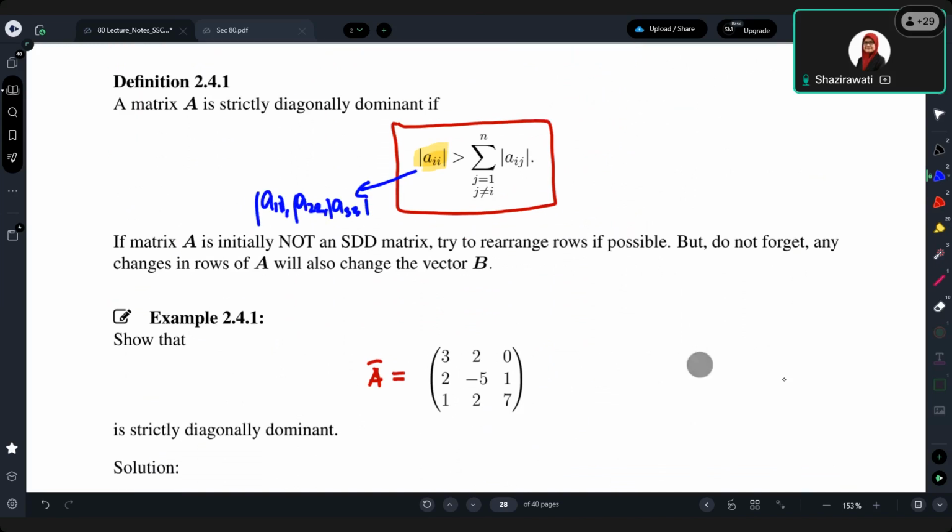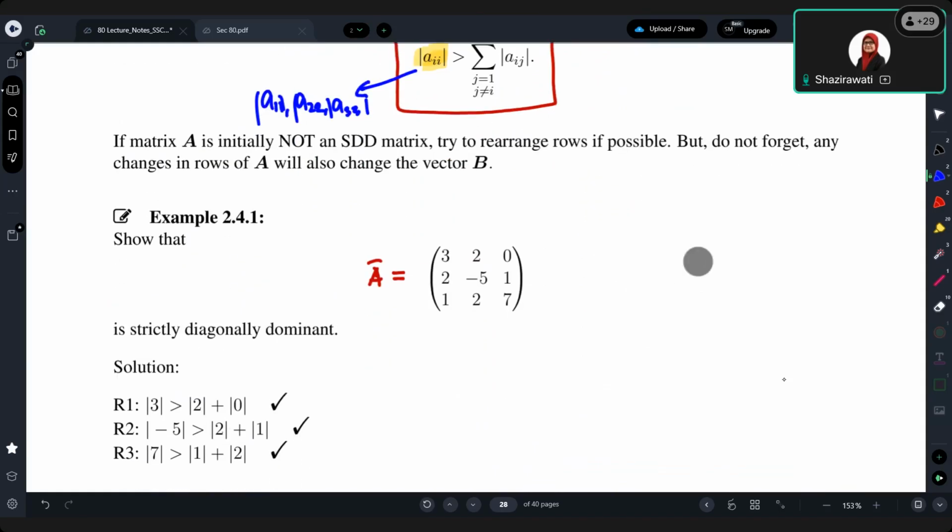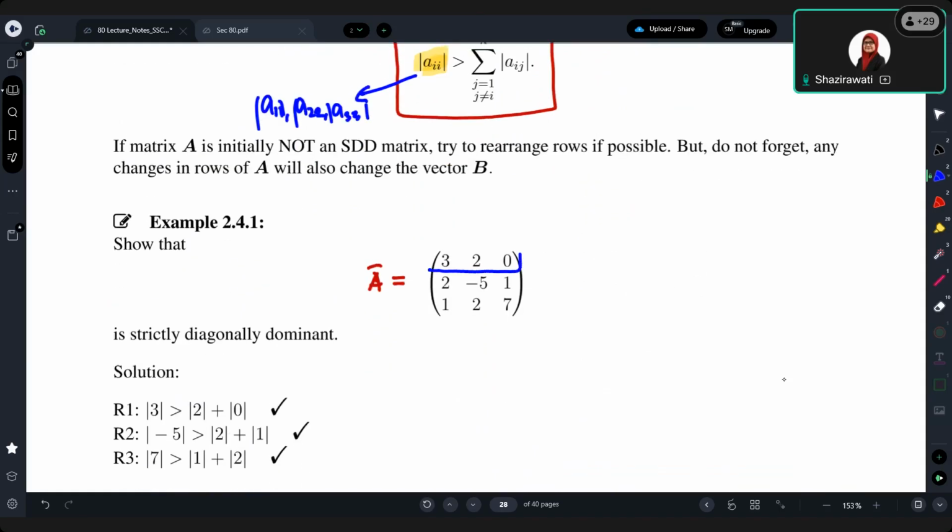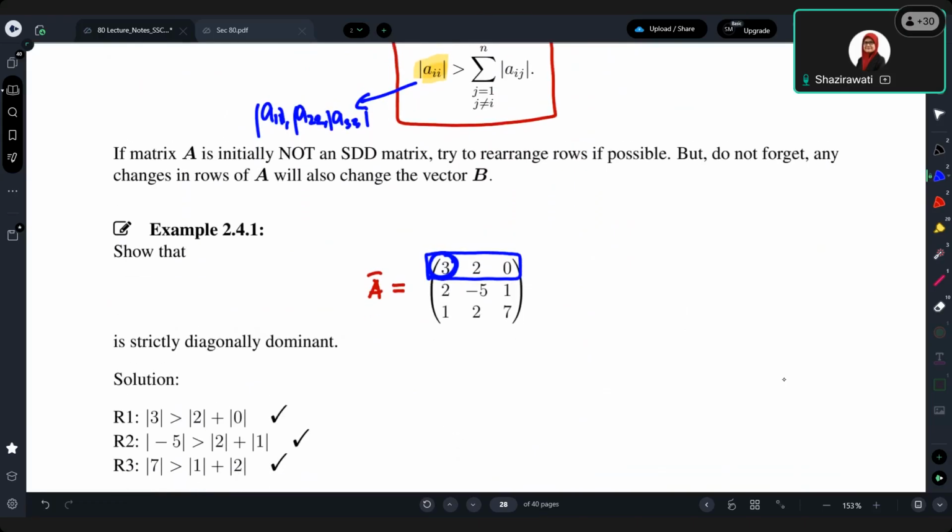So it means for row number 1, you have 3, 2, 0. At row number 1, you punya diagonal adalah 3. So you are checking for, adakah the absolute value of this guy is greater than the summation of the other two dalam row yang sama.